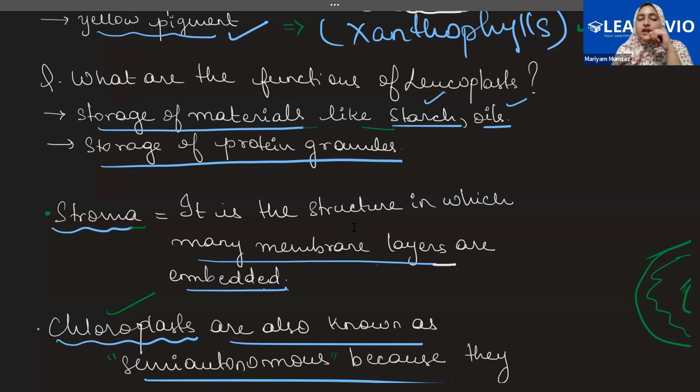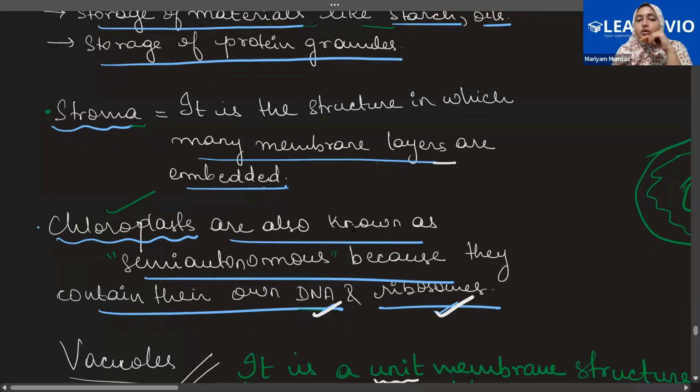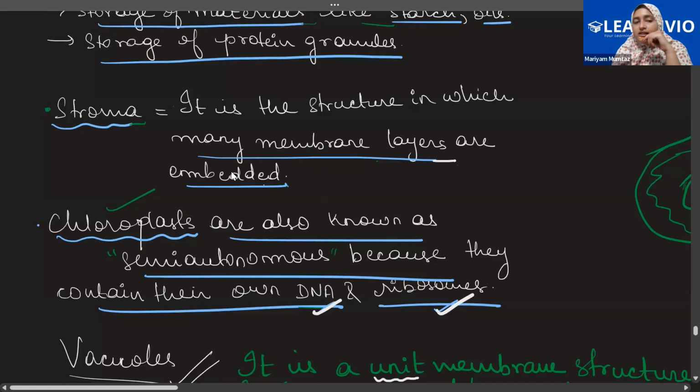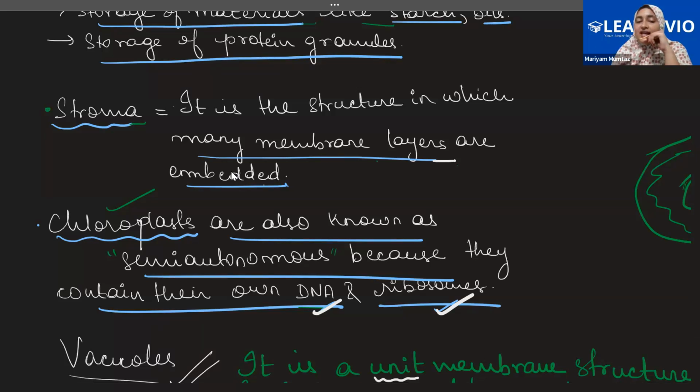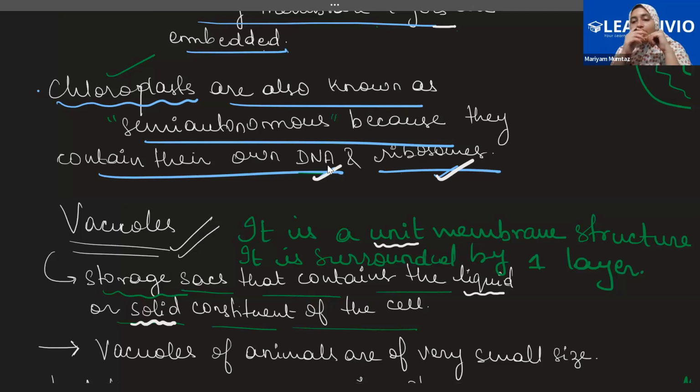Now, there is a part in the plastid or chloroplast which we call the stroma. It is a space present inside the chloroplast. Now, just like mitochondria, chloroplasts are also known as semi-autonomous. Why? Because they also have their own DNA and their own ribosome.